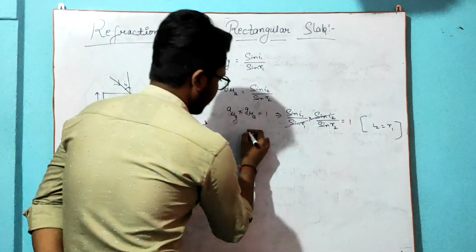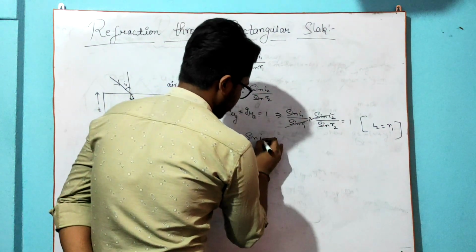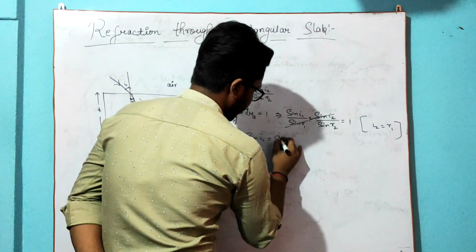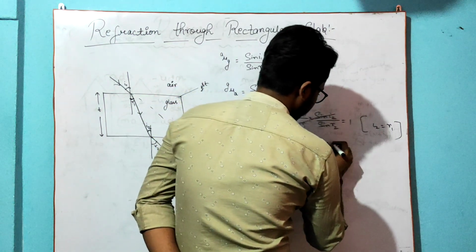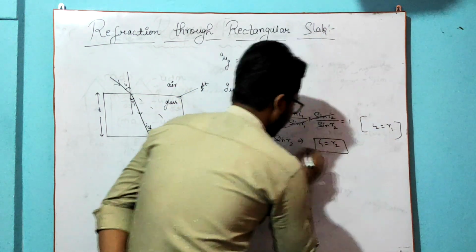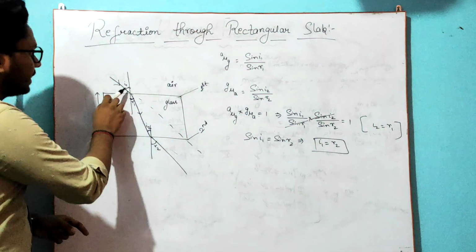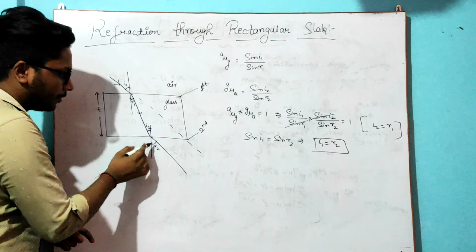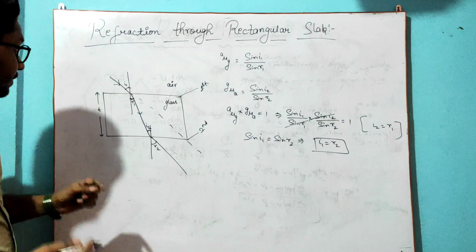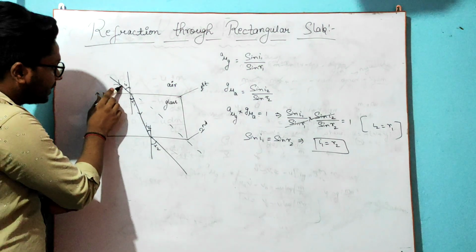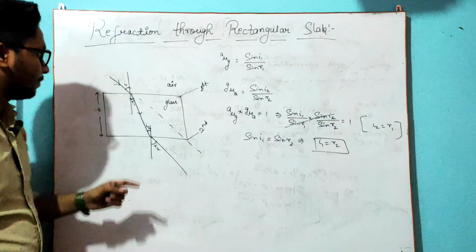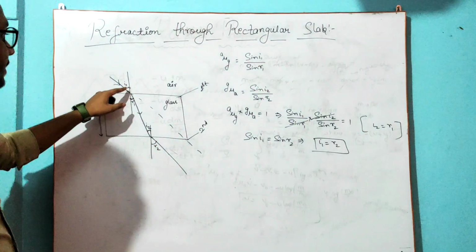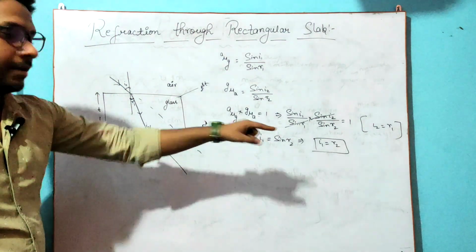Then sine I1 is equal to sine R2. This implies I1 is equal to R2. What does it mean? That angle I1 and angle R2 are equal. It means that if you extend this ray, then this ray and this ray are parallel. Why? Because the exterior corresponding angles are equal.